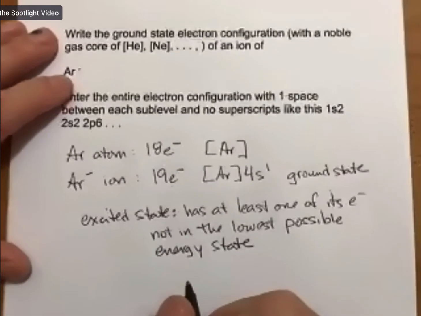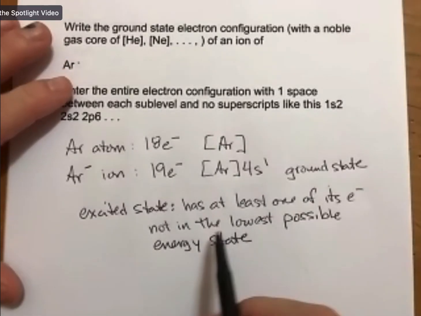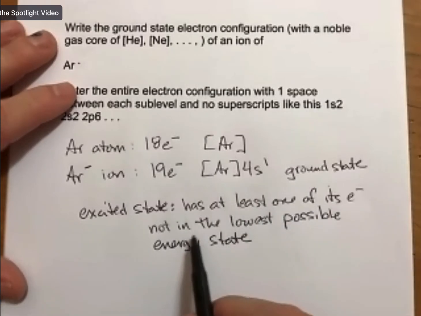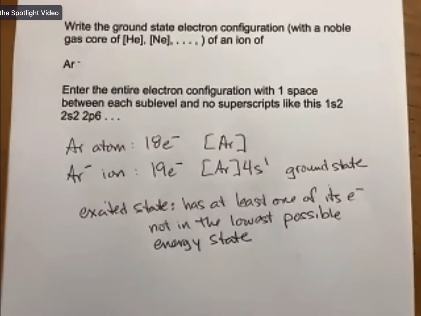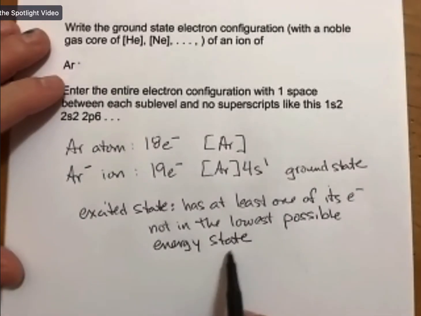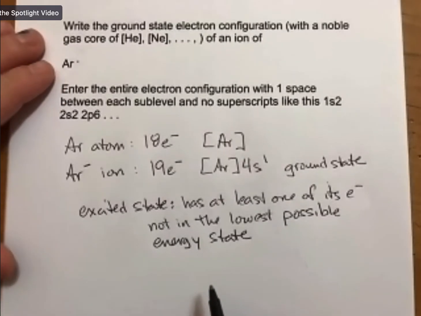And I know that's not necessarily a great way to write it, but another way of saying it is has at least one of its electrons in a higher energy state, but not in the lowest possible energy state, I think is actually the best way to understand it.